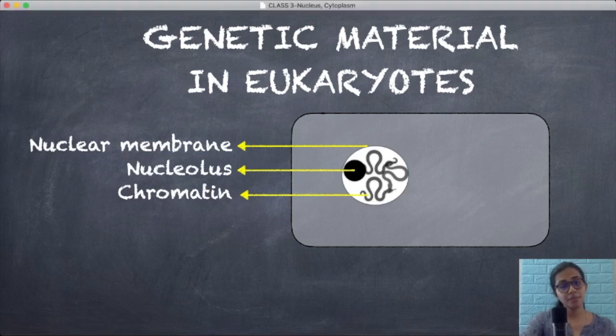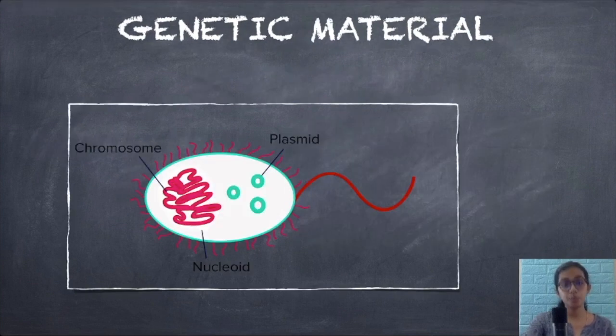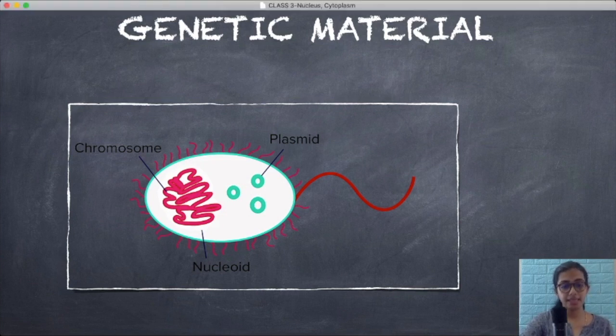Now there are also some other types of organisms which are more primitive, and therefore their organization is also not so advanced. In such organisms, how is the genetic material found? Inside the cell, the genetic material just lies loosely in a poorly defined area, right? Here you have the chromosome and the plasmid, both are genetic material in different forms.